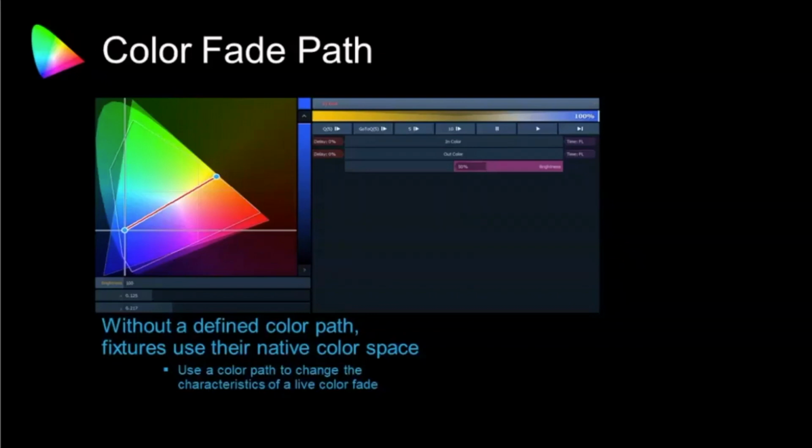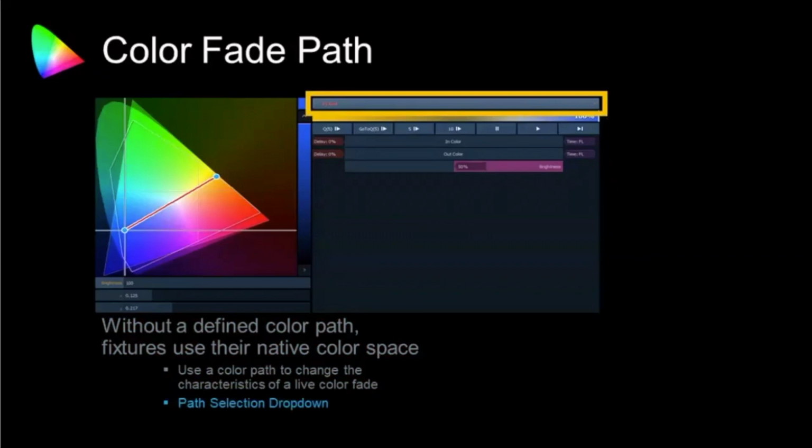All in all, it allows you to change the math and the characteristics of how a color fades. I like to think of it as a curve, the same way that we use curves for dimmers and other parameters. It doesn't change point A and point B. It adjusts the math of how it goes from point A to point B.